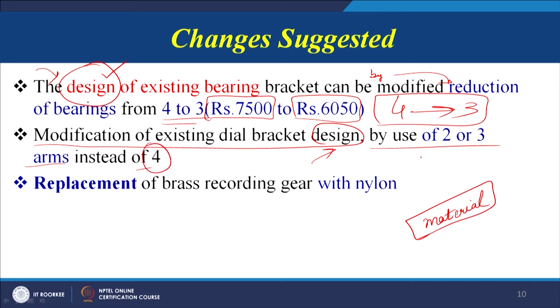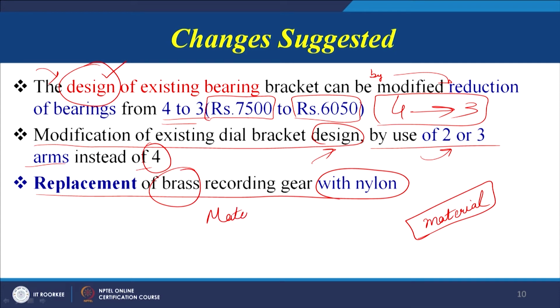We can reduce the number of arms to 2 or 3 without compromising on the performance. Replacement of brass recording gear with nylon. So, again this is a change in the material. From brass we are changing to nylon, which will also result in significant saving.